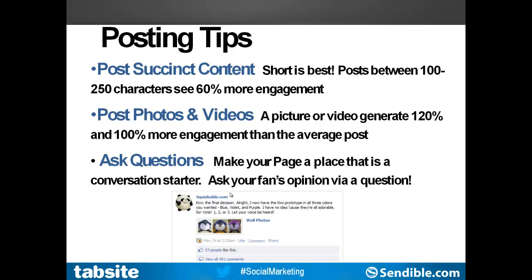And posting tips is going back to, this was a study done by Facebook themselves that they published data on, and they're outlining here that a picture generates 120%, and a video generates 100% more engagement than just an average post, a text post or a link post. Okay, so this is key information, and you've got those YouTube videos out there for your company.